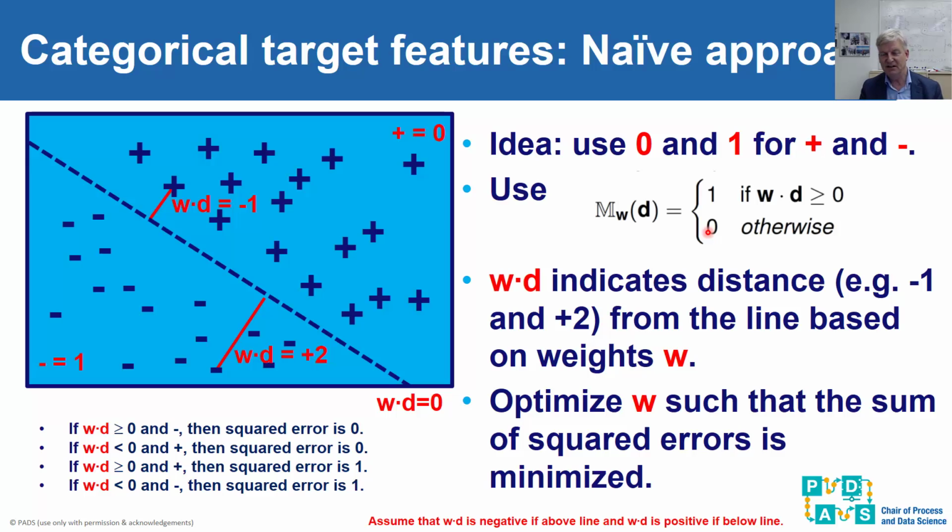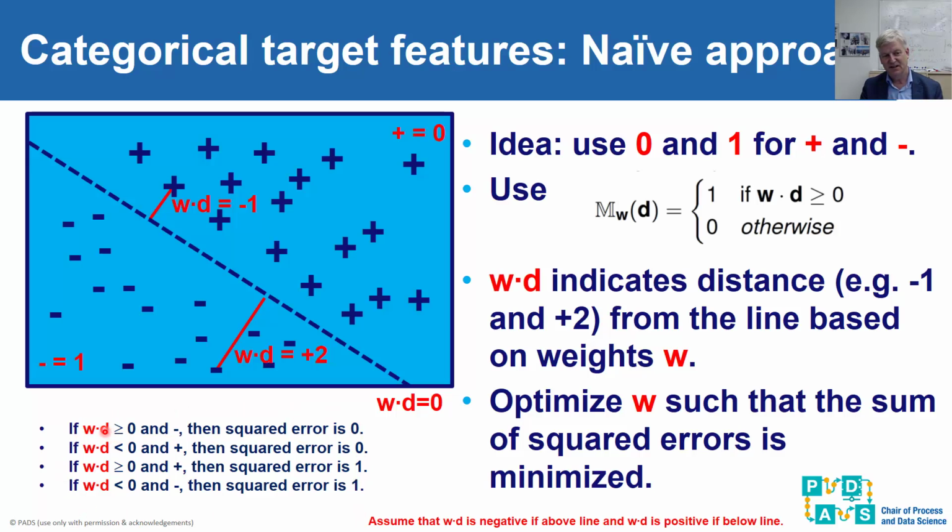And what is now essential that you see is that we have our real target feature, and the actual value is encoded as a 0 or 1. And we have a predicted value, which is encoded as a 0 or 1. And now we can simply compute the error as we did before. That is listed in these 4 statements that we see here.